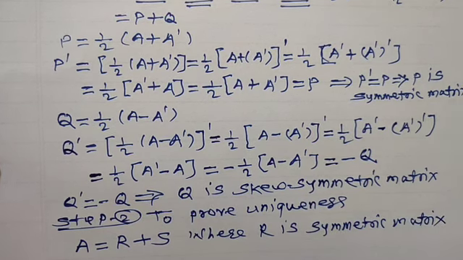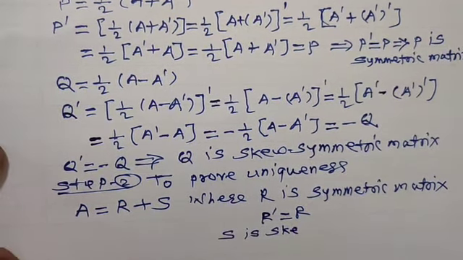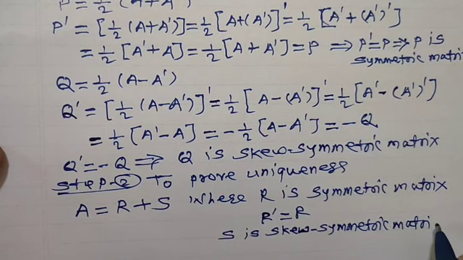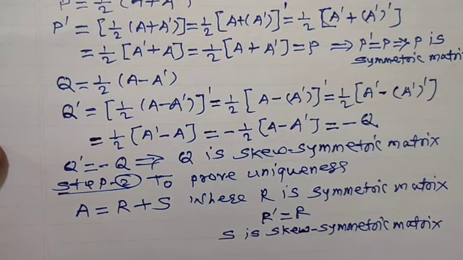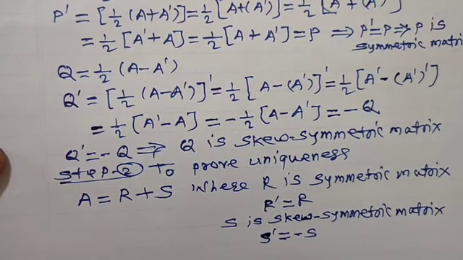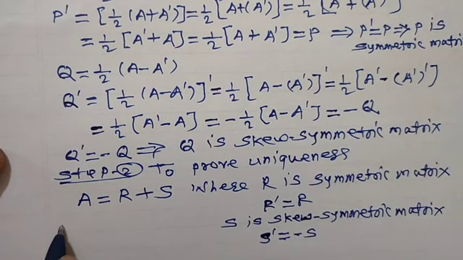If R is a symmetric matrix, then R dash is equal to R, and S is, suppose, a skew symmetric matrix. Because S is a skew symmetric matrix, S dash is equal to minus S. Okay, A is R plus S, then what will be A dash?